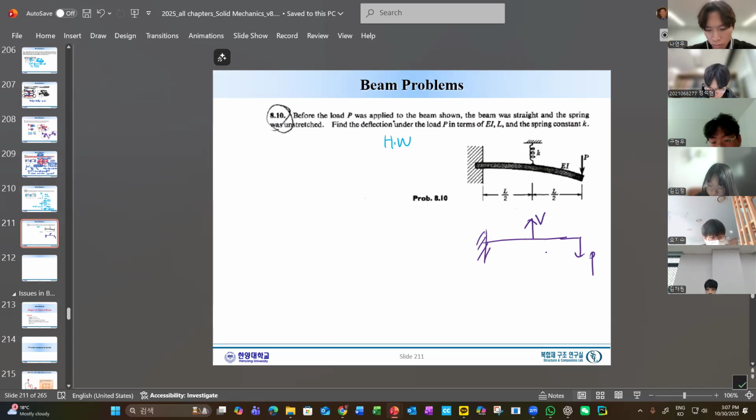And this V is also K, this is the spring constant, and the delta. So V is what? EI triple prime, and K. What is V? Delta is the V deflection. And we need to pay attention to the sign. The V should be here.